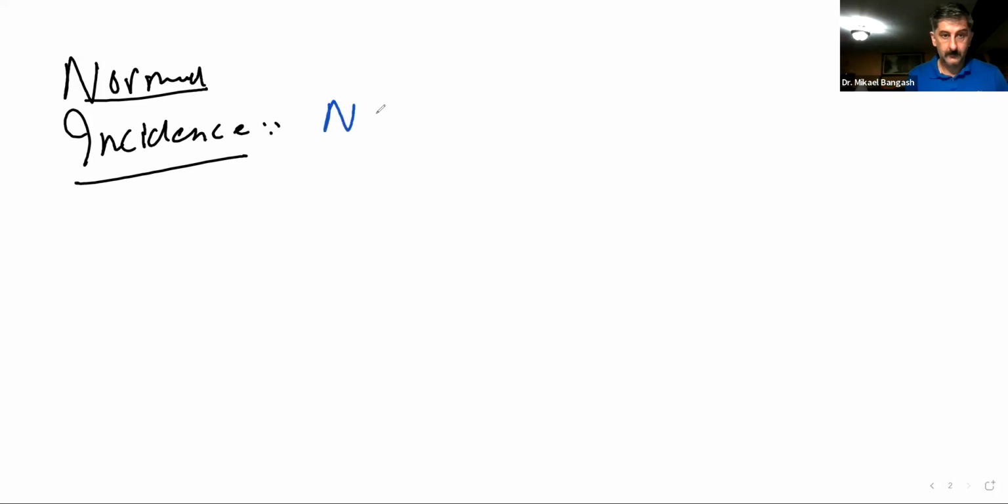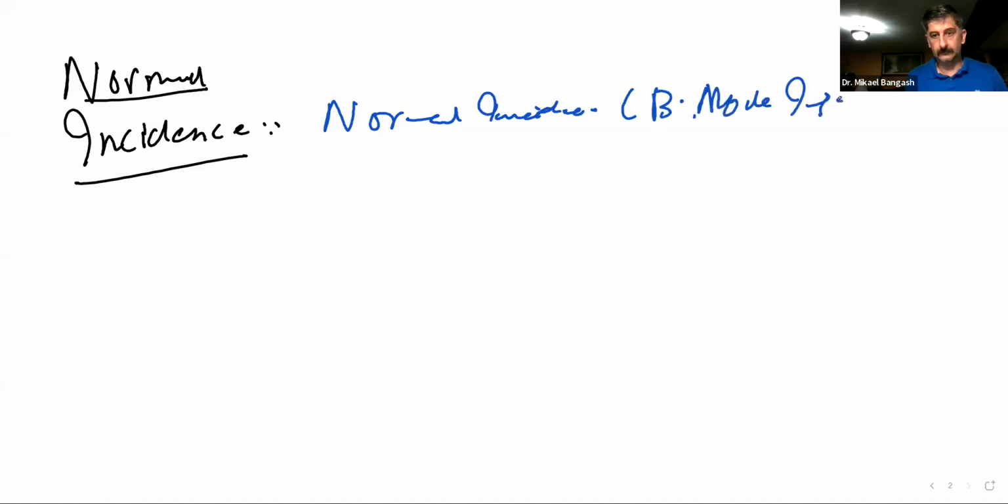We said that for B mode imaging, the normal incidence is a 90-degree angle. Our primary goal in B mode imaging mainly was to get an image.